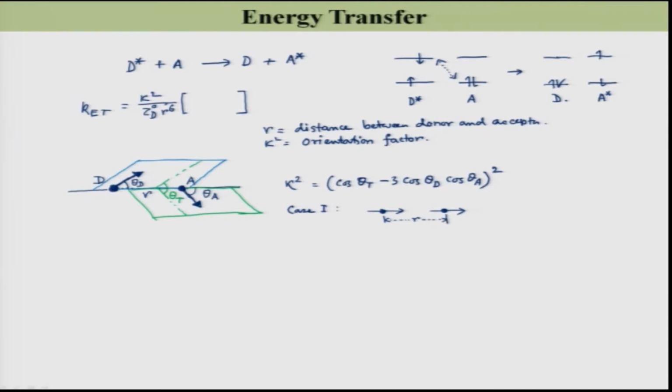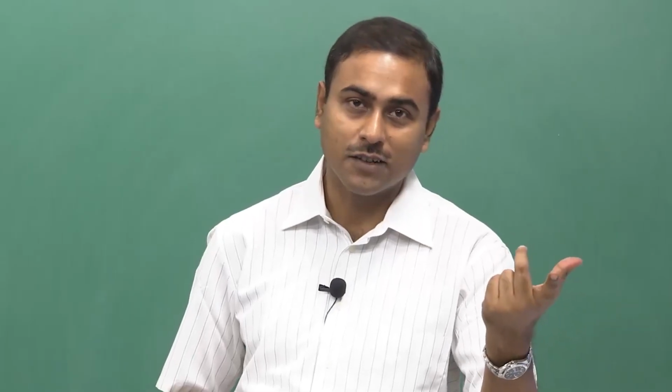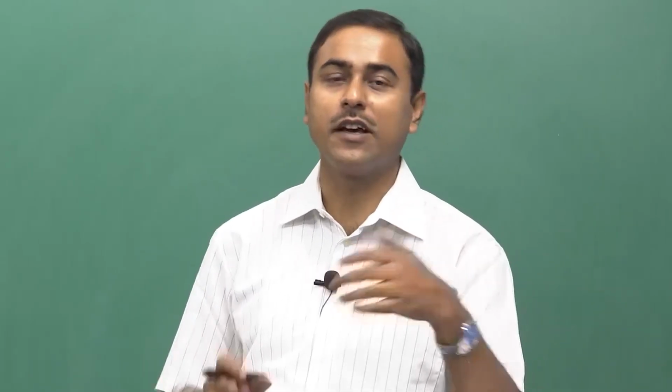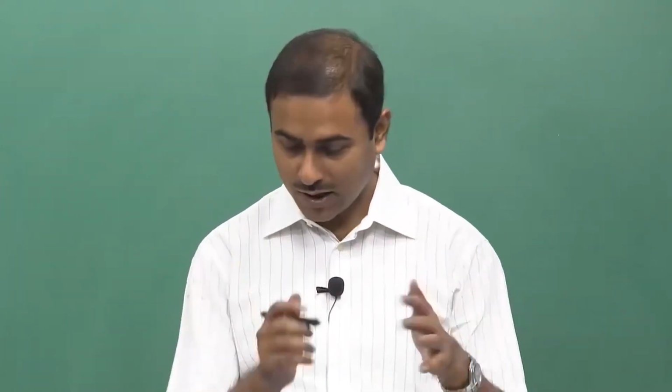That kappa square will not depend on that distance, it will only depend on the orientation, but the total KET value will obviously depend on the distance. Note that the dependence on distance is 1 over r to the power 6, so a little change in r will change the KET value enormously. I will come to all those things later in detail.